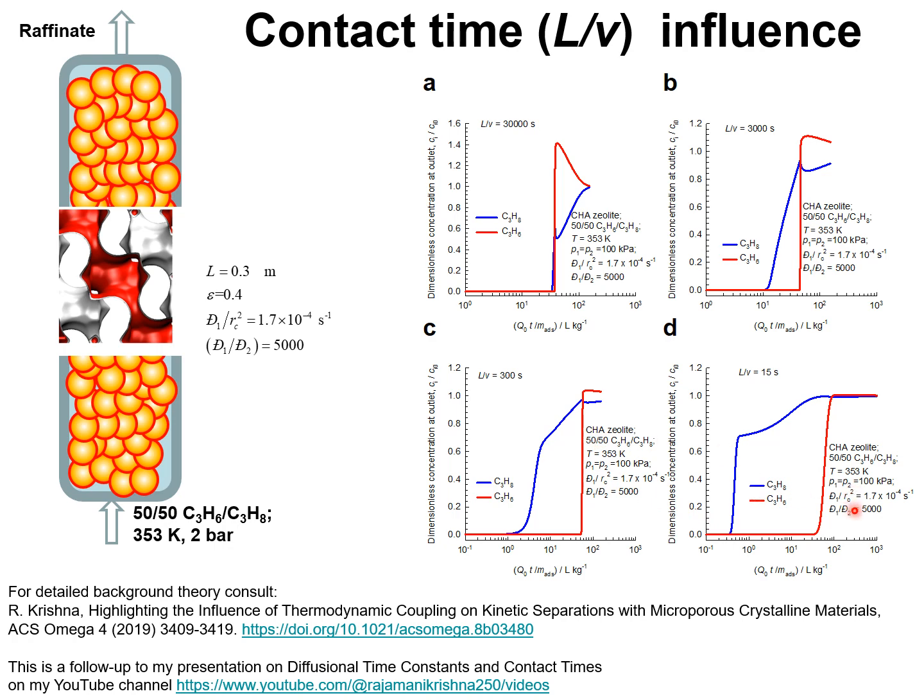So from these simulations, we conclude that the choice of the gas velocity or bed diameter is quite important in kinetic separations, and the contact time for a given particle size needs to be short enough for diffusional influences to become effective and optimal.